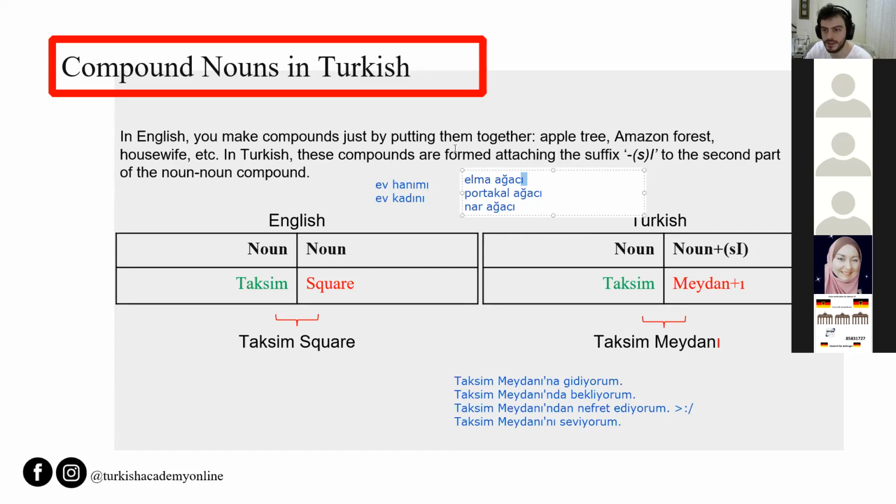Thank you. Arisha, what did you ask? Sorry, I didn't understand. Evet, kahve ağacı, kakao ağacı. Yeah, both of them are possible. This is how you make it. You need this at the end. Tamam.